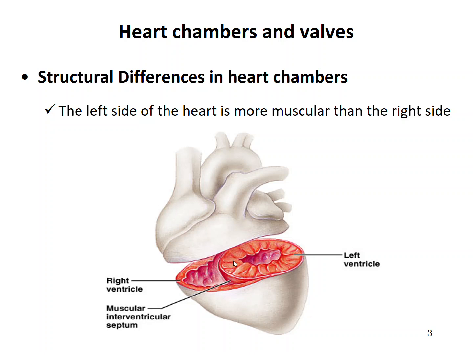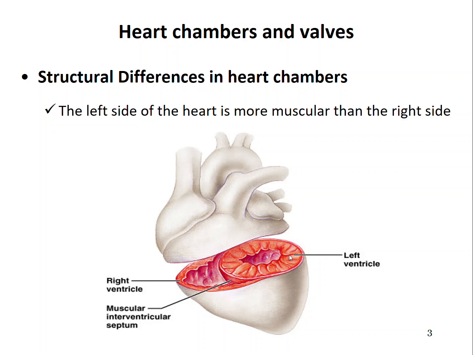Why it's thicker than the right one is important. You have to remember that because the left ventricle generates higher pressure, it needs to be more powerful. That's why the thickness of the muscle here is thicker. And why does the left ventricle have to generate high pressure?